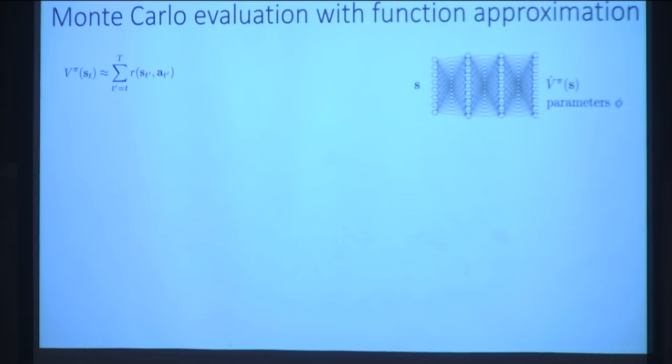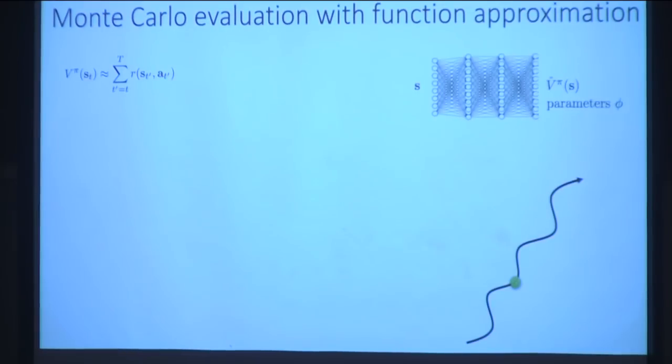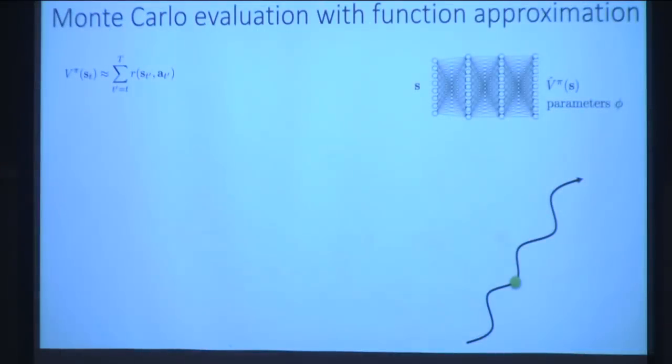So we're going to be fitting this v hat pi, and we're going to use the simple Monte Carlo policy evaluation where we just sum together the rewards along the tail piece of this trajectory. The reason that we'll still get a variance reduction from doing this is that this function approximator will be fitted not just in a single state, but in many states, each of which will be labeled with these kinds of value estimates.